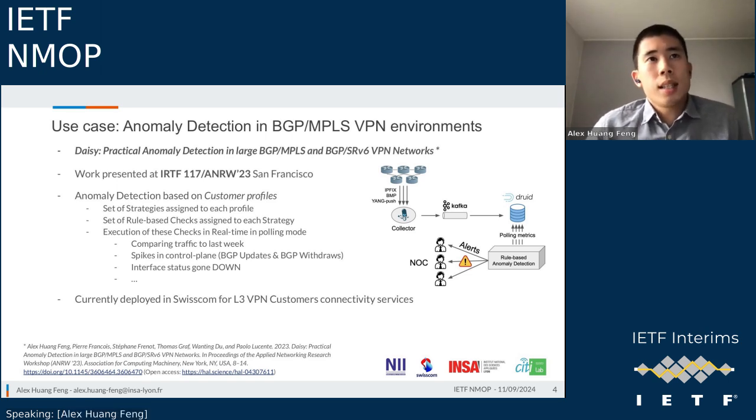This work is an extension to the work that was presented 1 year ago, and also actually during the postmortem analysis from Thomas, in which we implemented a rule-based anomaly detection for BGP and MPLS VPN environments. And the idea there was classifying all the customer VPNs to customer profiles, and for each customer profile, proposing strategies that were composed of rule-based checks.